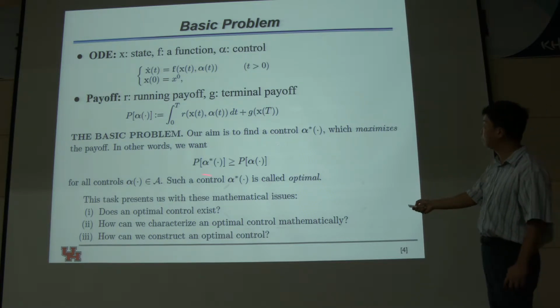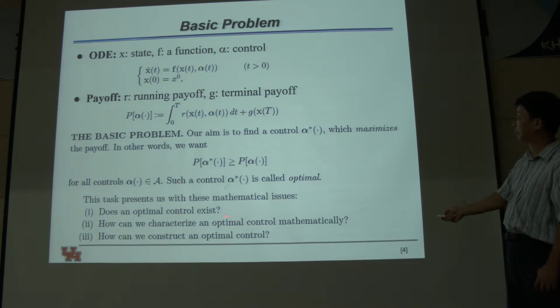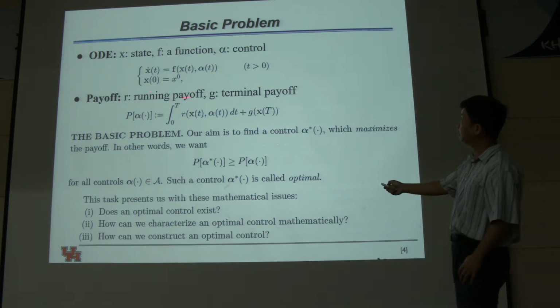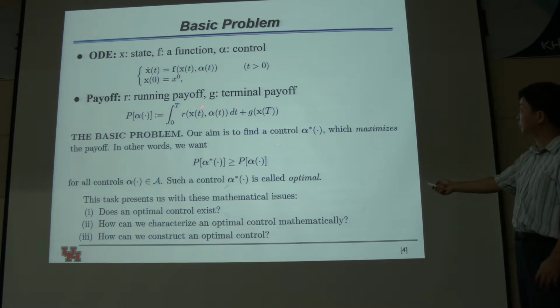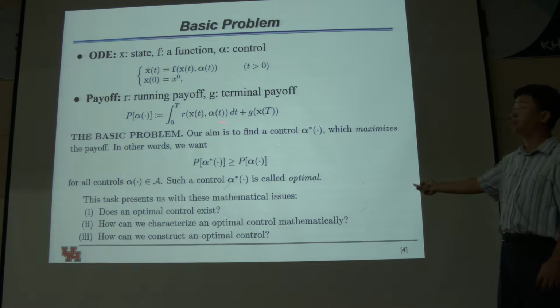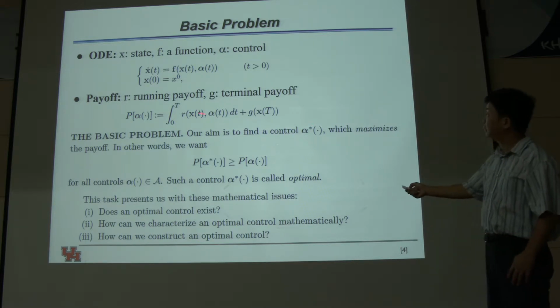We want to find a control such that the payoff function is optimized. Suppose we have the ODE, the initial condition, the running cost R, and the final cost. How could we design the control, continuous over time, to optimize this? Here this one is the cost in the middle.